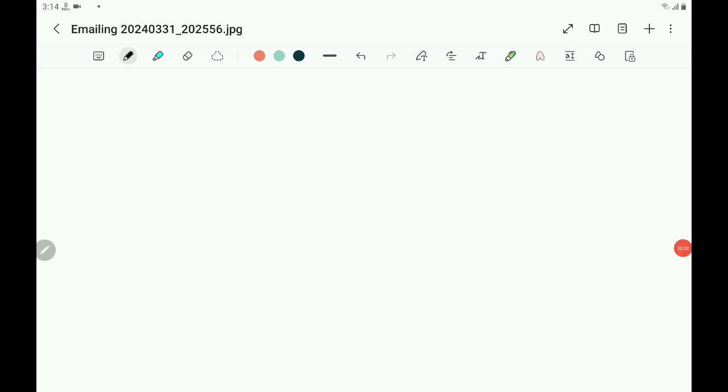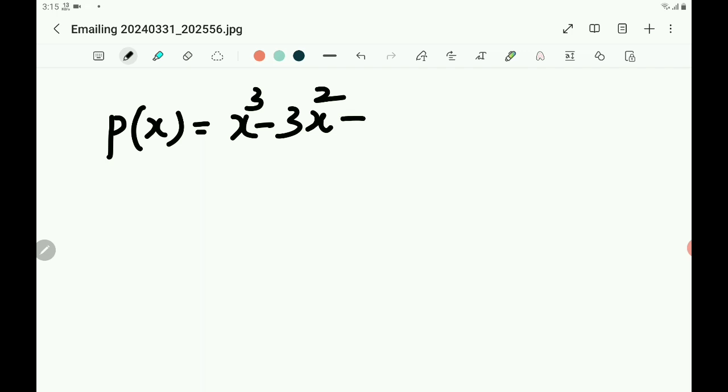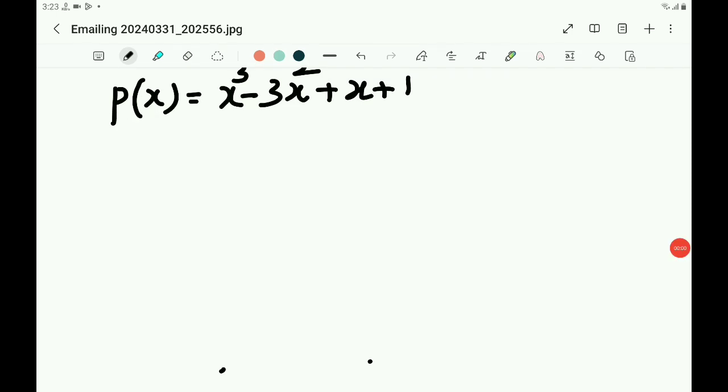Now let us write the polynomial. Given polynomial p of x is x cube minus 3x square plus x plus 1, and zeros are, then what are the zeros?